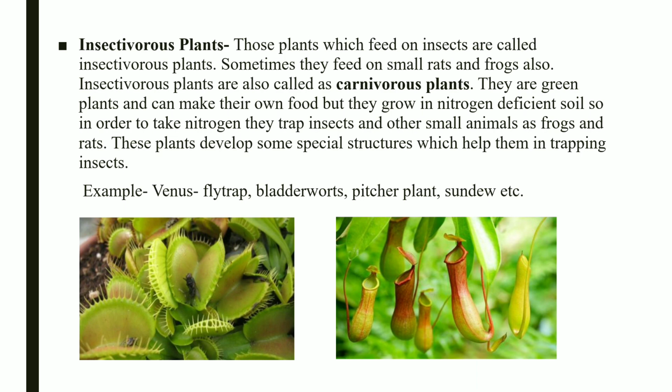Then what is the need of trapping insects? Actually, students, they grow in soil which is deficient in nutrients, especially nitrogen. So, in order to fulfill the requirement of nitrogen, these plants trap insects or other small animals.